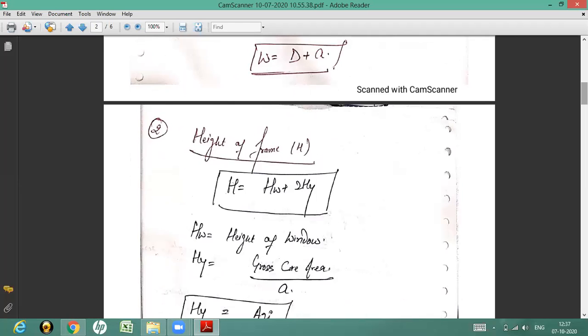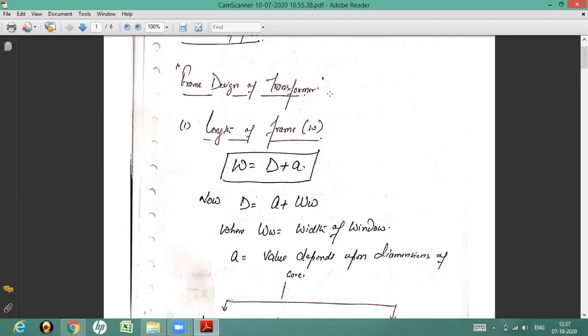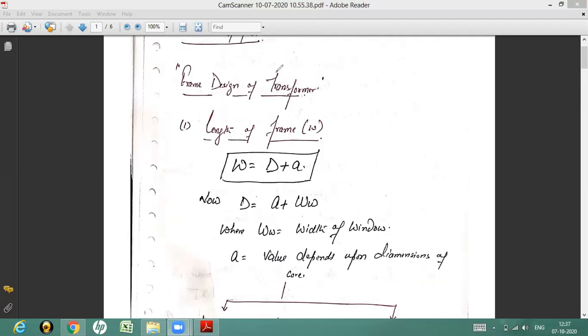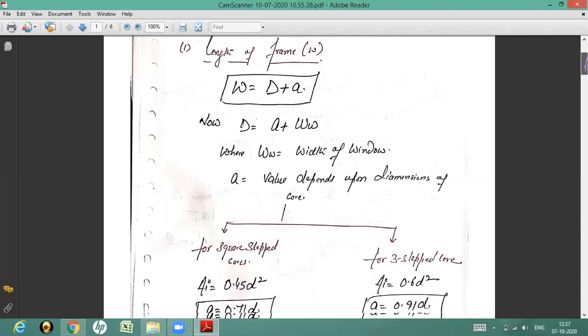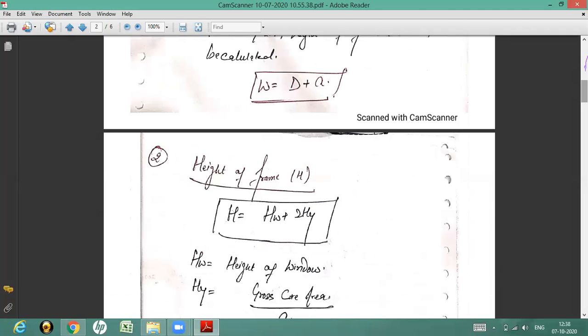You can see on your screen that the frame design consists of only two components. First is the length of the frame, which is denoted by W. And second is the height of the frame, which is denoted by H. Clear?